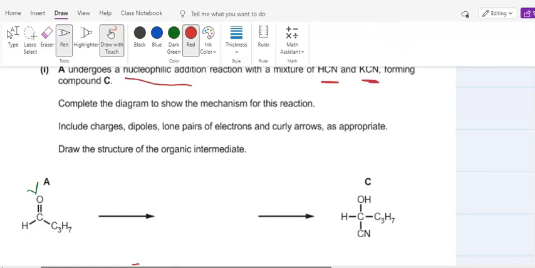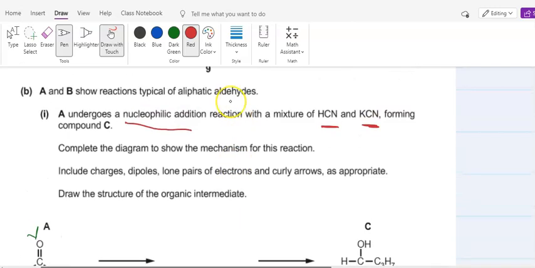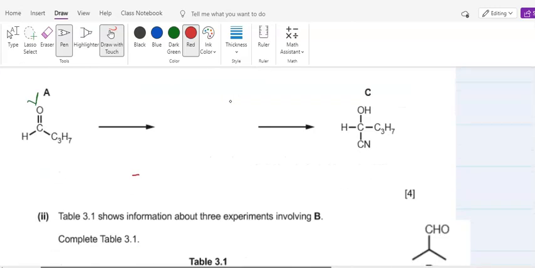Complete this diagram for the mechanism, and you have to provide all curly arrows and everything which is required. They have mentioned partial charges, so let us complete the partial charges of the carbonyl group. This is partially negative, this is partially positive.